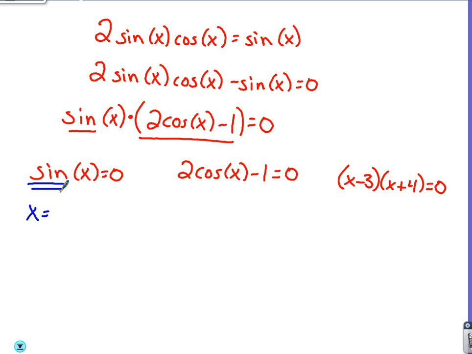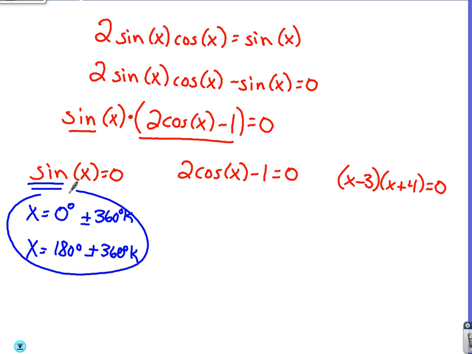I know 0. Where else? Good. Two answers. Plus or minus 360k, plus or minus 360k. There's one set of answers. So one set of answers is 0, 360, 720, 180, 540, 900.